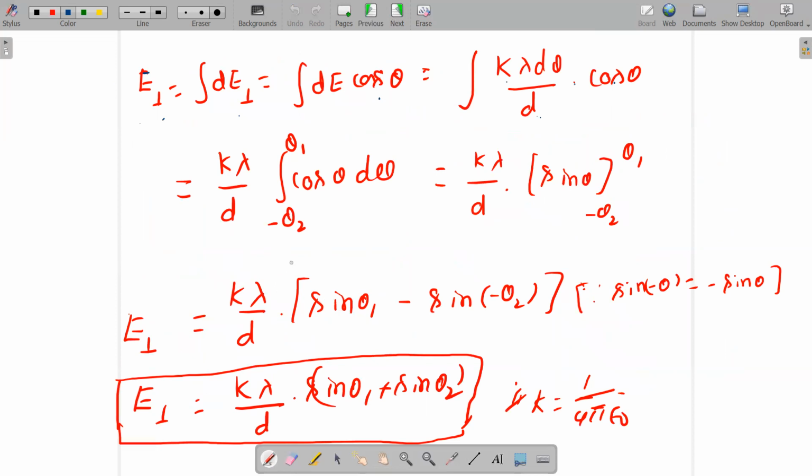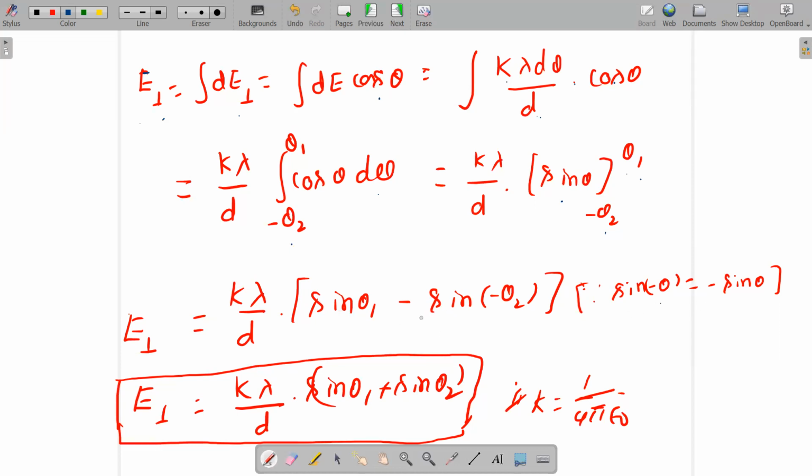Now by taking these limits as minus theta 2 to theta 1, the integral of cos theta d theta, integral of cos theta is sin theta, and by applying the limits we write k lambda by d into sin theta 1 minus sin of minus theta 2. By using one of the basic properties of trigonometric angles, sin of minus theta equals minus sin theta.